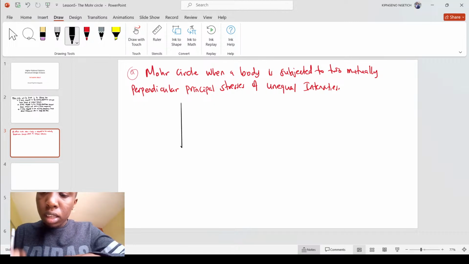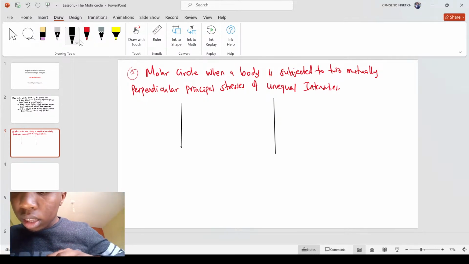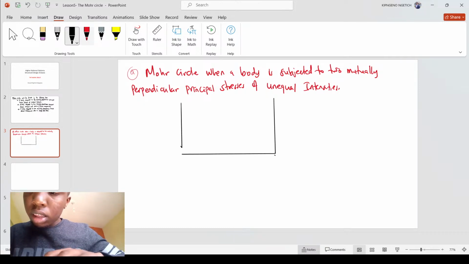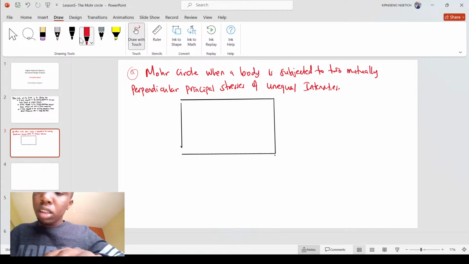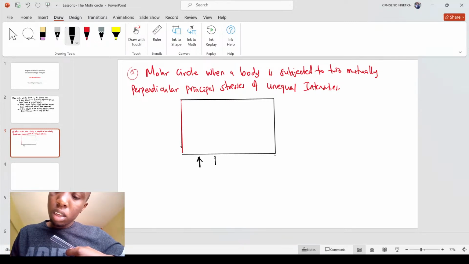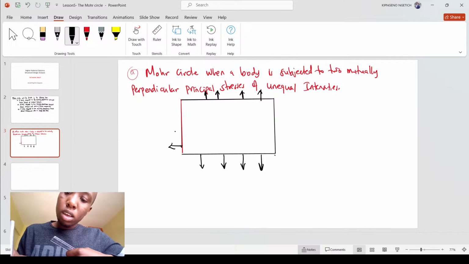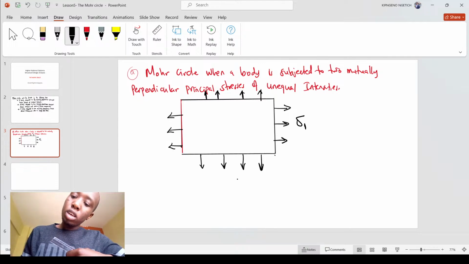Then, sorry, we said it's tensile, so we'll have stress 1 and stress 2.